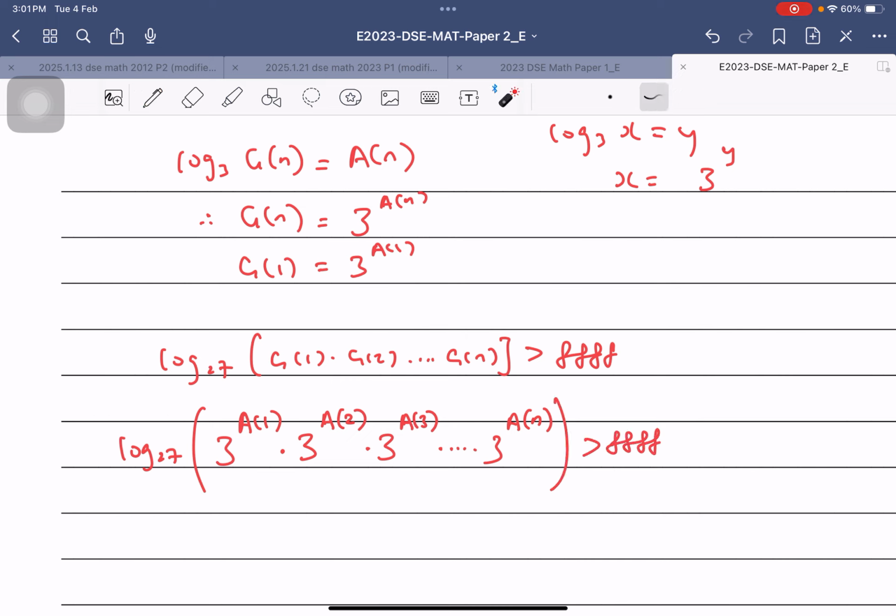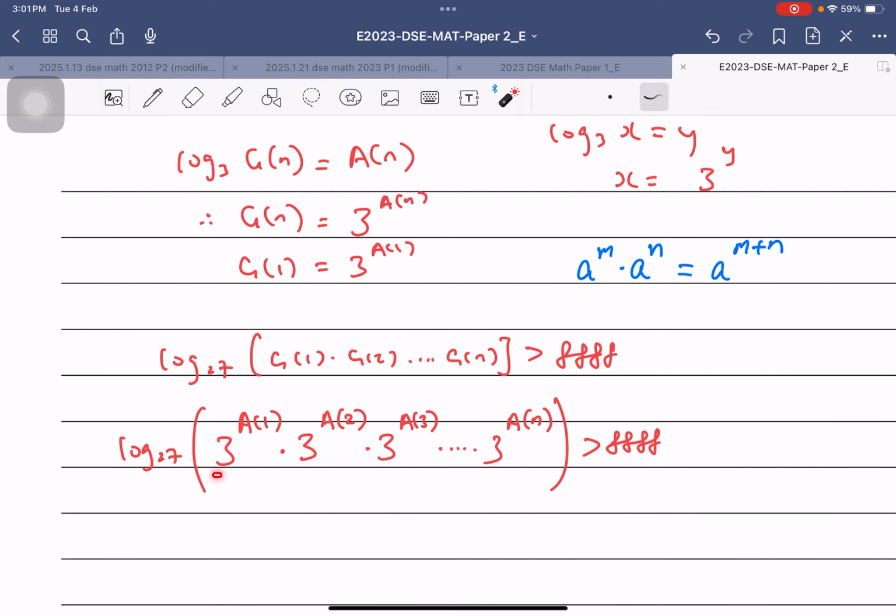I just replaced the g1 by this 3 to the power of a1. I just use this definition. Okay? So, do you still remember if we have a to the power of m times a to the power of n, which is equal to a to the power of m plus n.